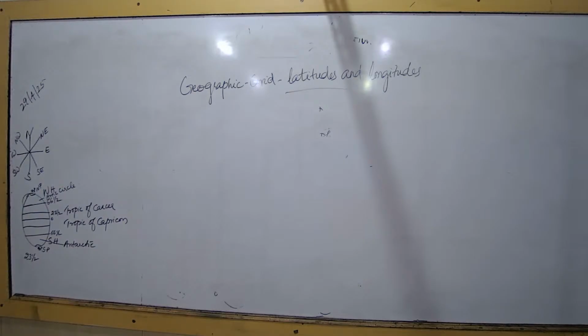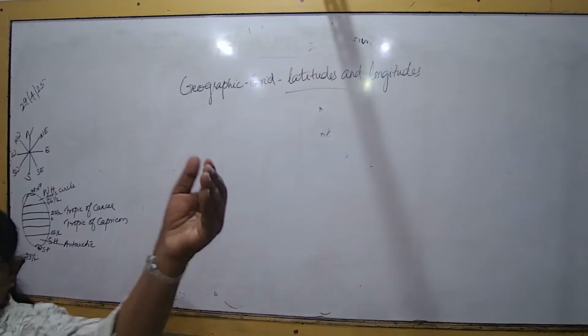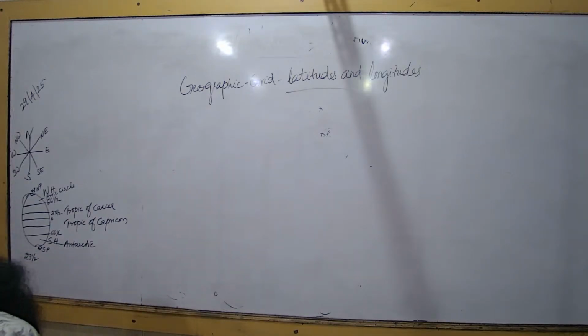It is having all the words. Why do we need it? In order to locate it, it is very vast, so unless a mathematical calculation or some lines are drawn we cannot identify, so these imaginary lines are drawn.